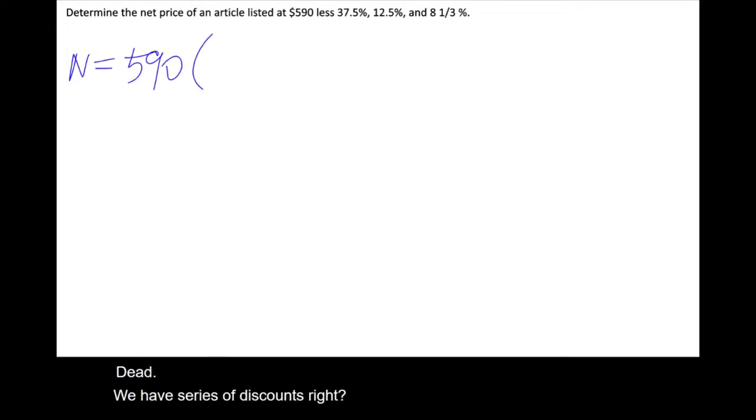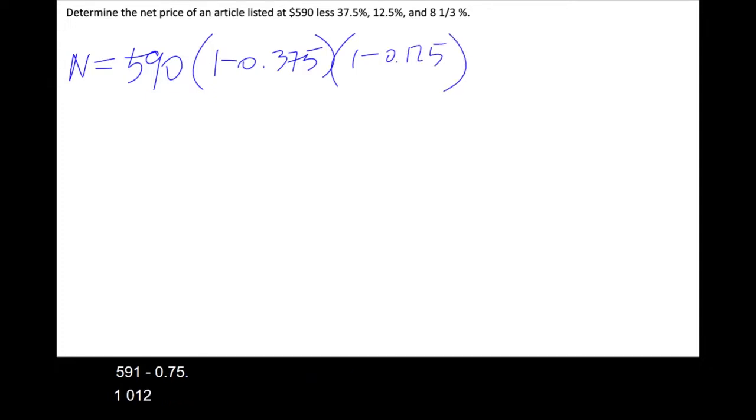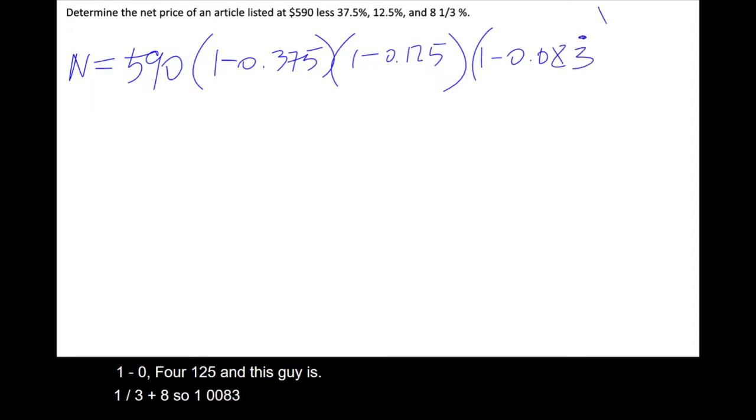Okay, so we have a series of discounts, right? 590 times 1 minus 0.375, times 1 minus 0.125, and this guy is 8 1/3, so 1 minus 0.083 in period, right? So we remember that this period is really important.